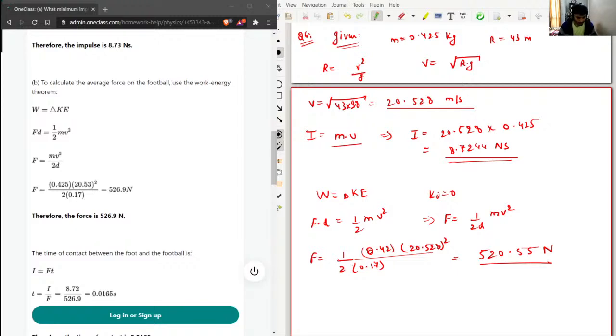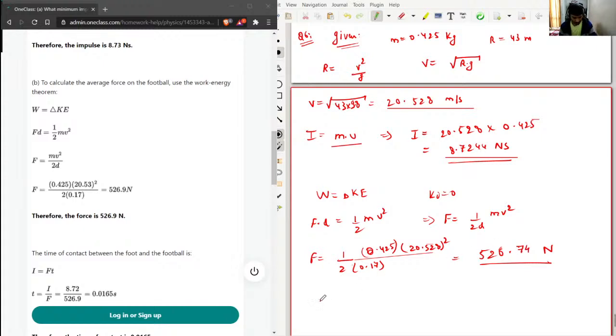Okay, so 20.53 was not the source of error. Actually, I rounded this, so I should have added 5 here also, and then it will give 526.74 newtons.